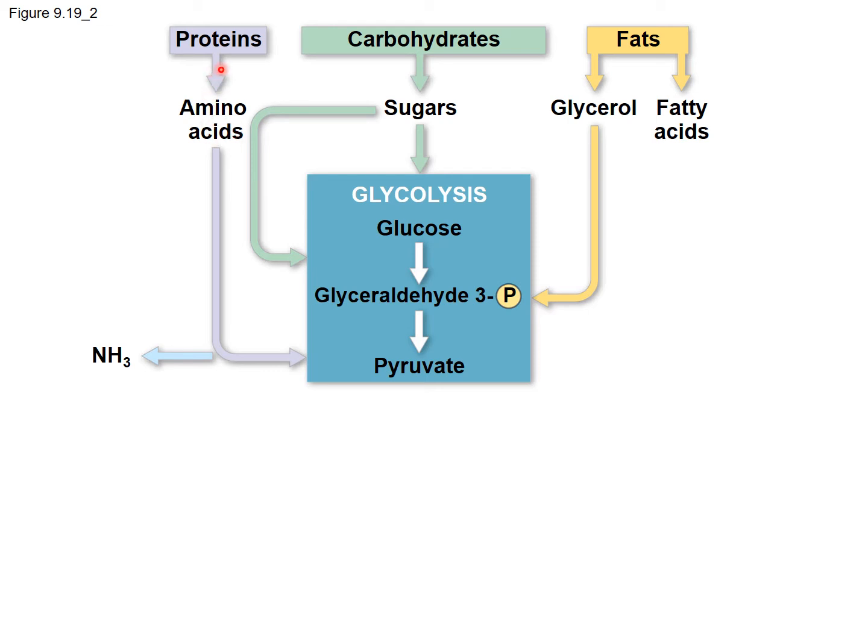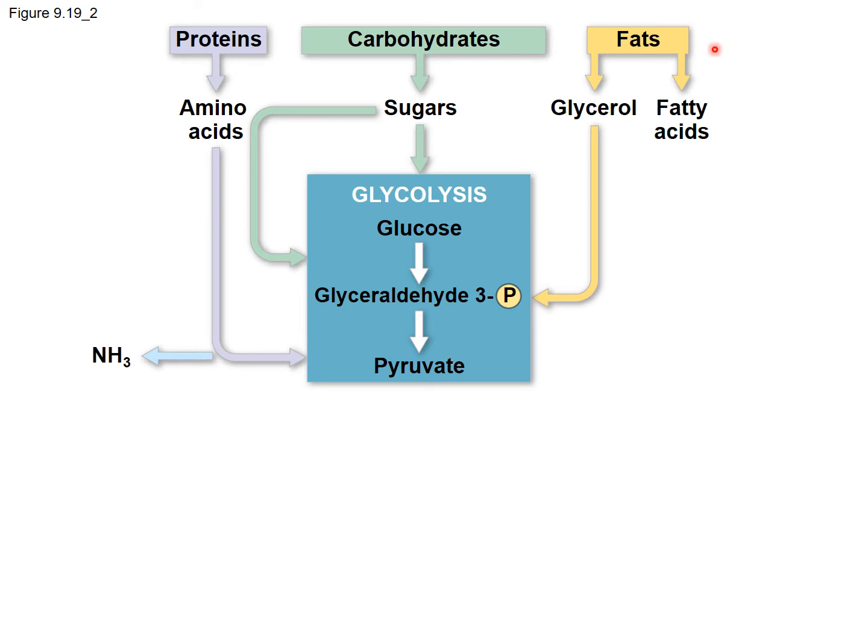So the proteins will be broken down into their amino acids, so they'll be hydrolyzed. And then the ammonia will be broken off, and then the remaining parts of amino acids can be converted to pyruvate. So since they're converted to pyruvate, that could enter at the end of glycolysis. And then of course pyruvate can become oxidized in the presence of oxygen and then enter the citric acid cycle.